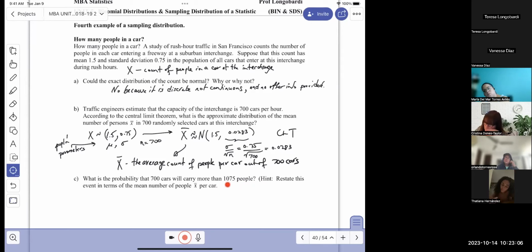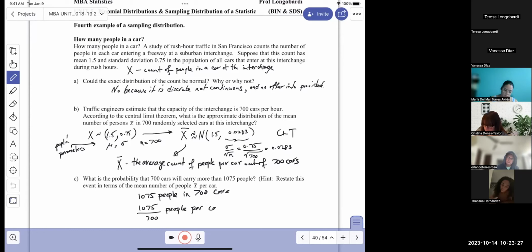I have to convert 1,075 to 1.54. That's what you're going to look for.